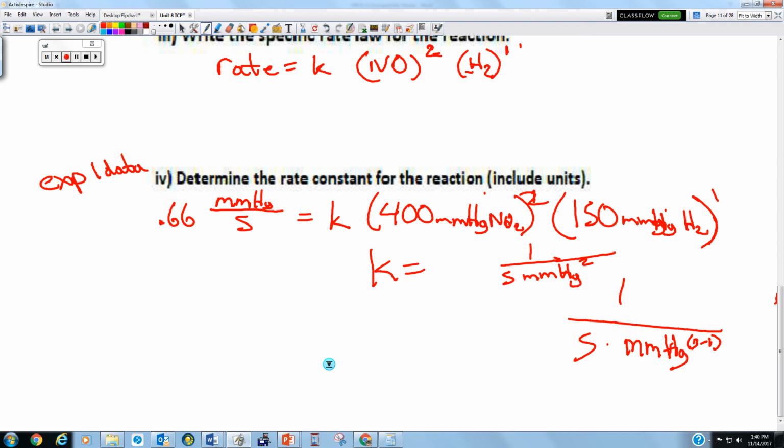And what number do we come up with? All right, so I put 2.8 times 10 to the negative 8. I got negative 5.